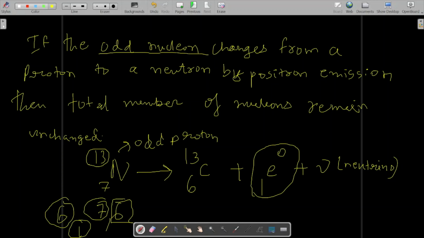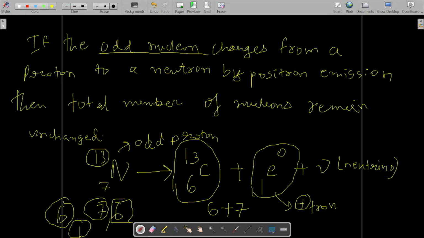So when N-13 emits a positron, it yields C-13, a mirror nucleus, with 6 protons and 7 neutrons, because 6 plus 7 is 13.